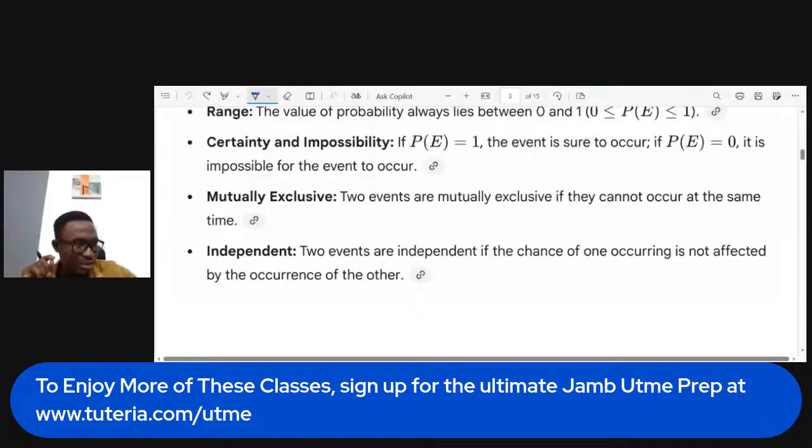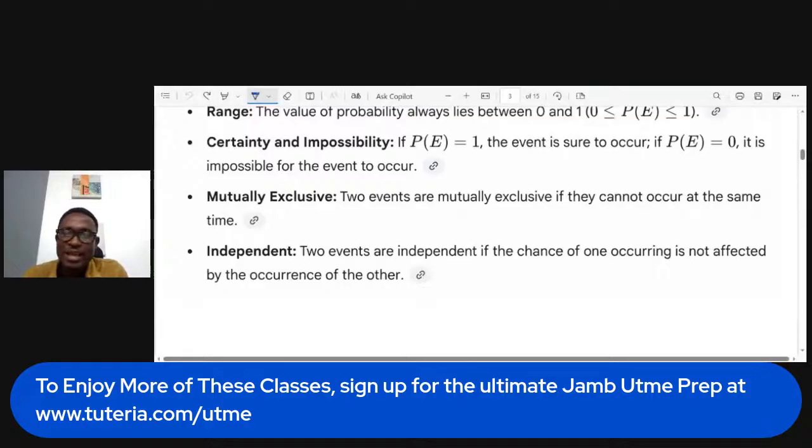So for instance, let me just check from the chart. Okay, I can see Azan here, I can see Uchechukwu here, I can see Eniola here, I can see Folake here now.